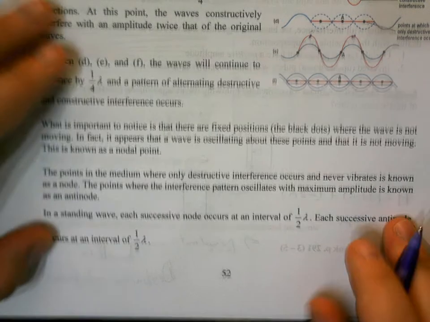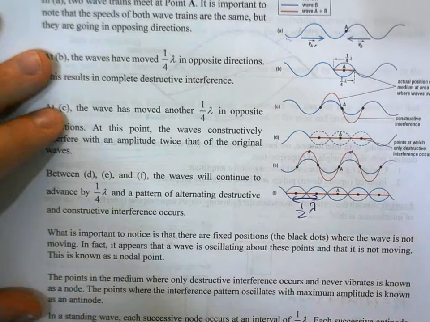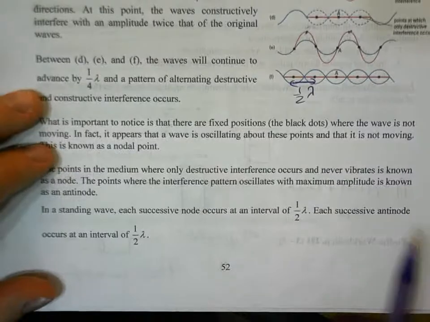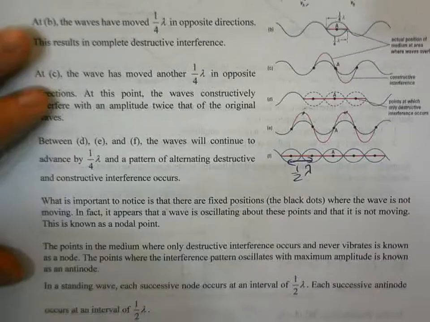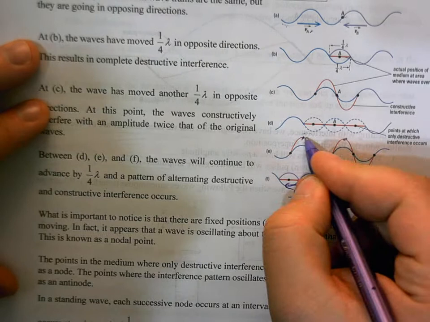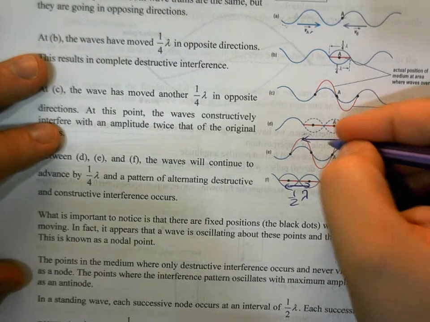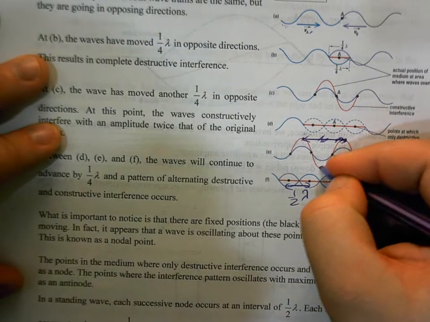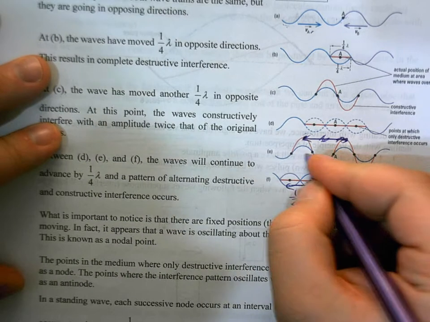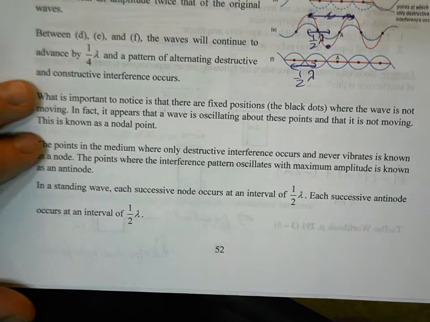If I look on my diagram here, all of these nodes are spaced out by 1/2 of a wavelength. Each successive antinode is also going to occur at an interval of 1/2 a wavelength. If I look at the distance between these two antinodes here, that's also going to be 1/2 of a wavelength. So that's just something to keep in mind in terms of the theory mechanics of this.